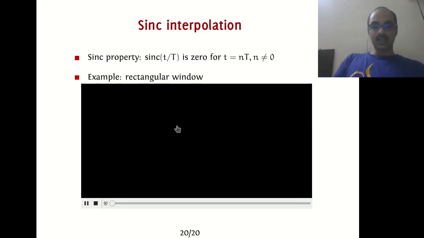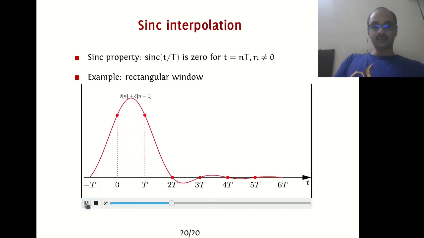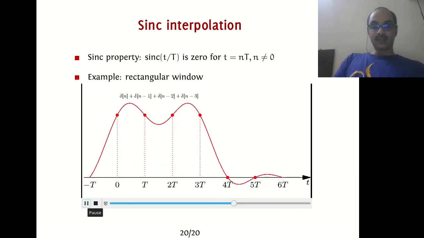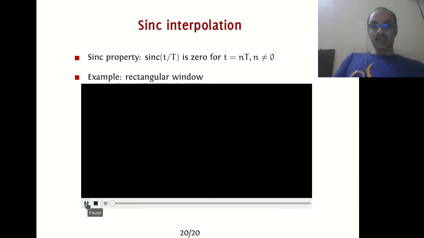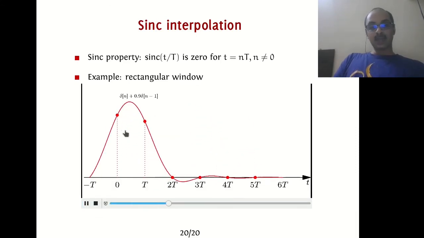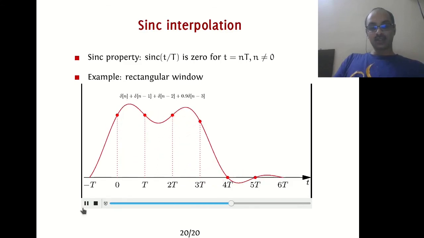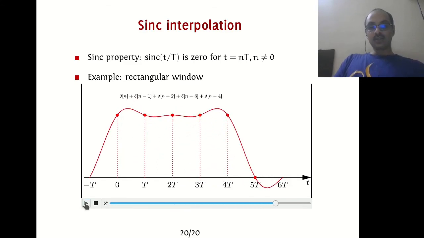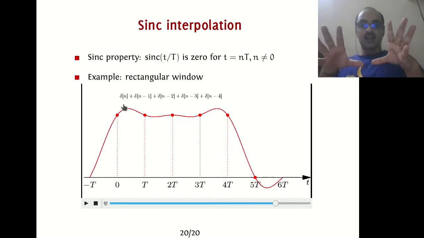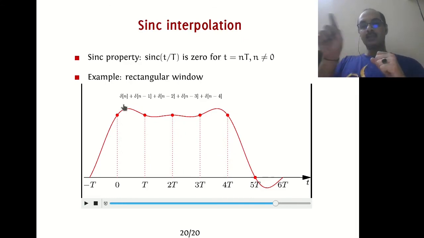So I'll show you once again. As you can see, the waveform changes while the values are being held constant at those particular locations. So this is something which you should bear in mind. Whenever you have any rectangular window, do not think that it corresponds to a continuous time rectangular window.